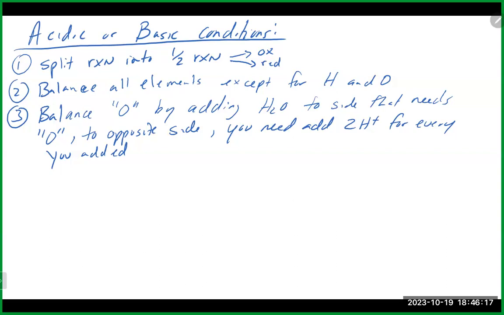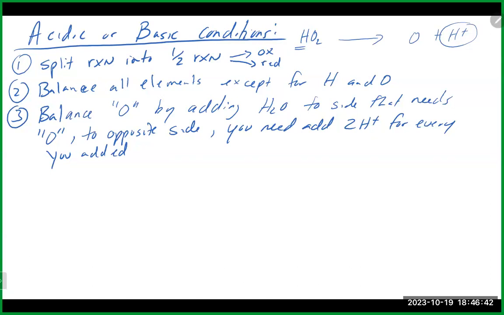So if you happen to be starting out with a half reaction where you're short a hydrogen, you could just add an H plus to the other side to balance it out. At some point, you'll need to do that. So you could just do it up front if you're unbalanced in terms of the hydrogen to begin with.